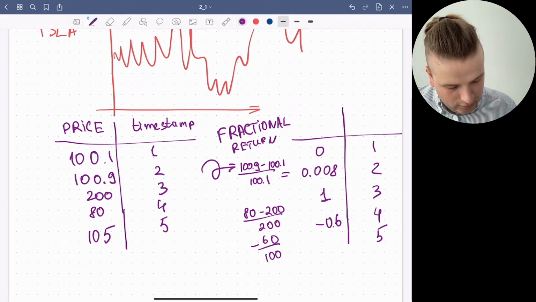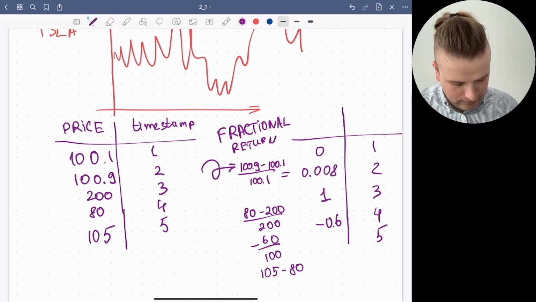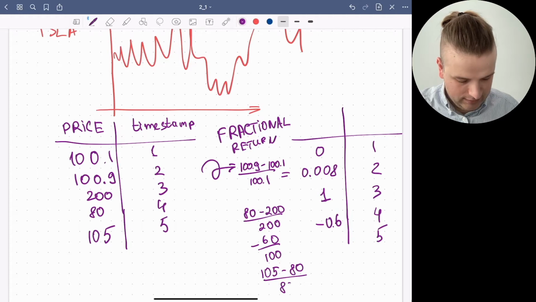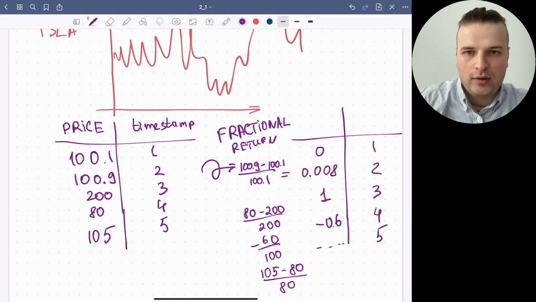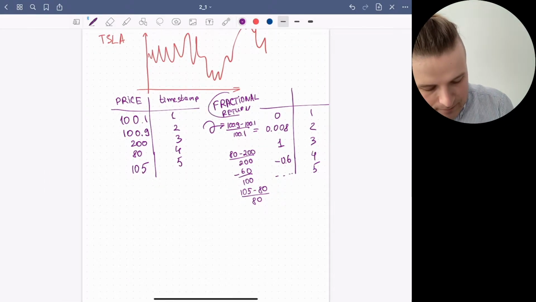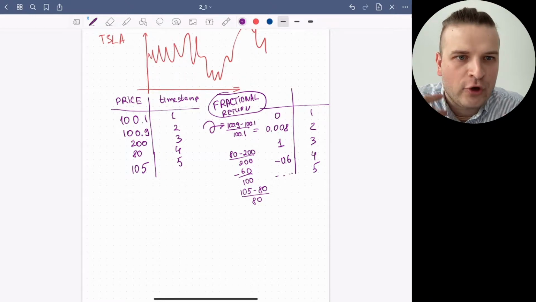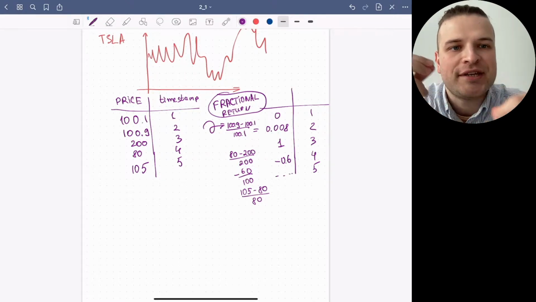And again, you calculate this fractional return as 105 minus 80 divided by 80. Okay, I don't want to calculate it, but hope you got the idea here. And each of your assets has its own fractional return history.